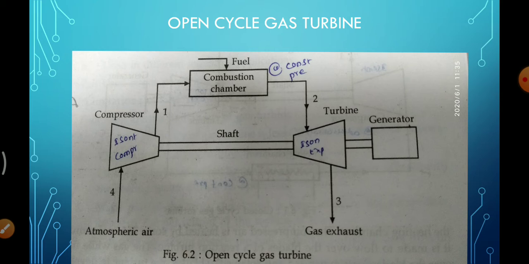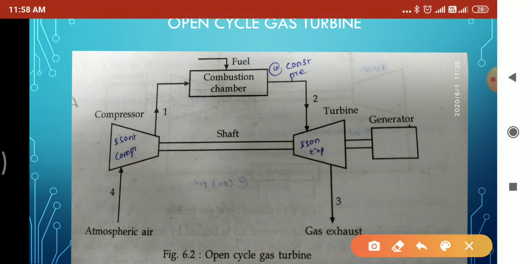It is the simplest form of gas turbine, consisting of a compressor, combustion chamber, and gas turbine which drives the generator and compressor. These are the main components of open cycle gas turbine.